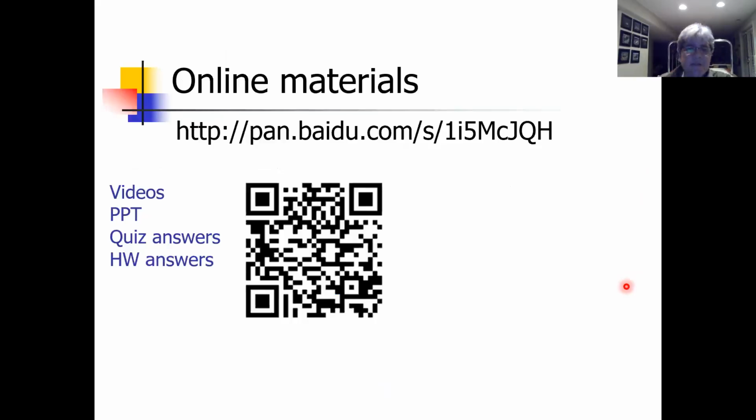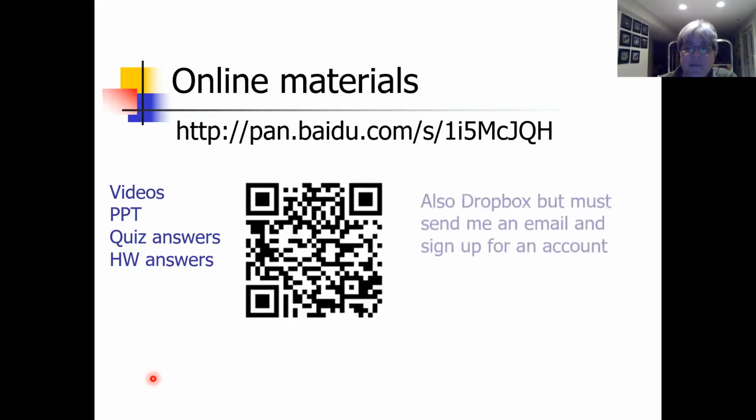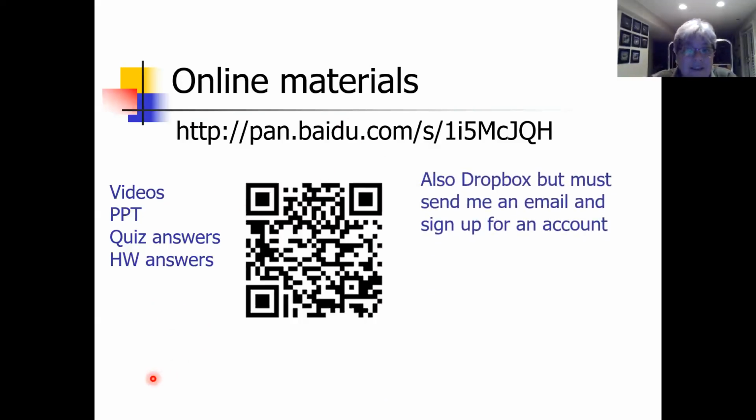So the materials, again, there's the Baidu site that has everything. It has the videos, the PowerPoints, the quiz answers, the homework answers. There's some PowerPoints, like this PowerPoint that I'm doing now about the final, that will be there. So that's one place that has everything. Another place that has everything is Dropbox.